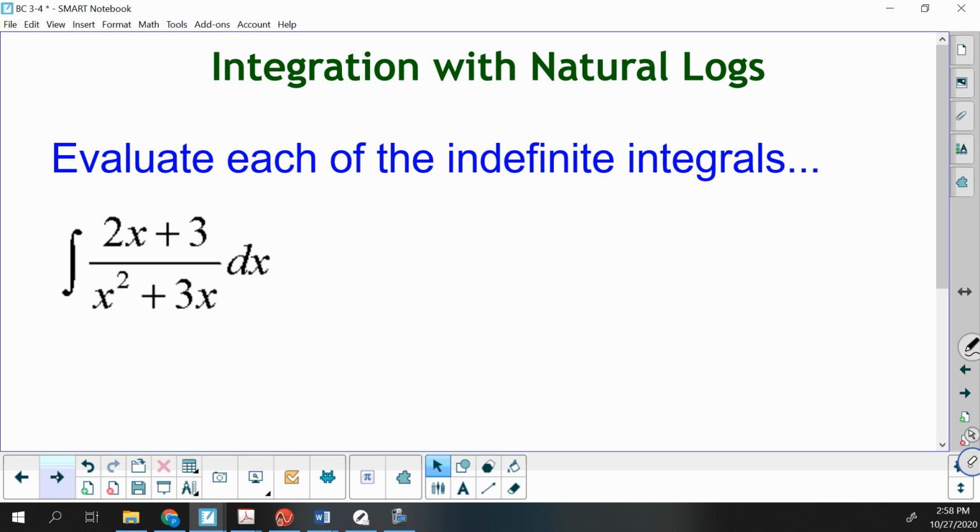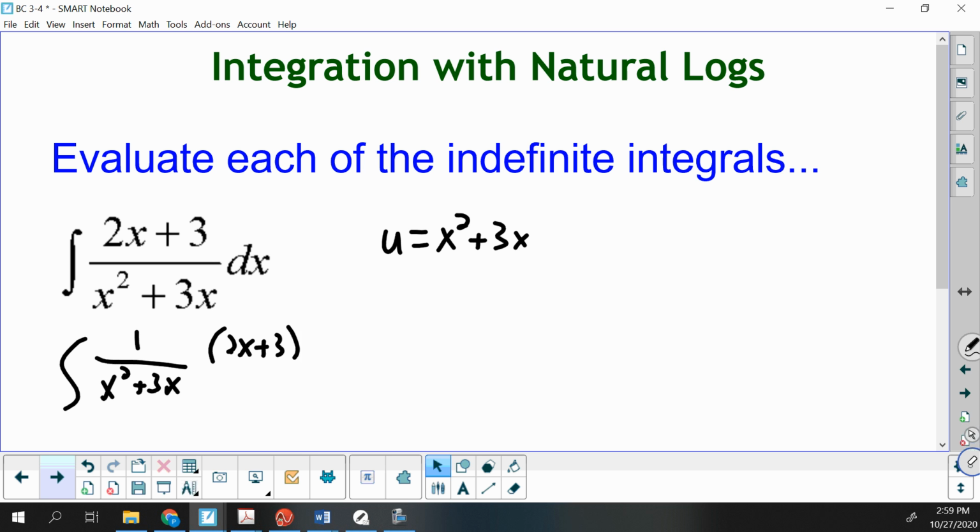So you'll often end up letting u equal the denominator, because that was the original inside. Now sometimes I think it's helpful to write these as 1 over x squared plus 3x, and then times 2x plus 3 dx, because that can make it a little bit easier to see what the leftover stuff is.